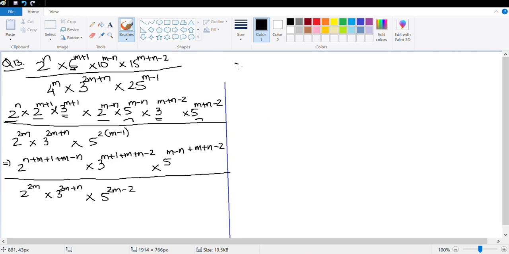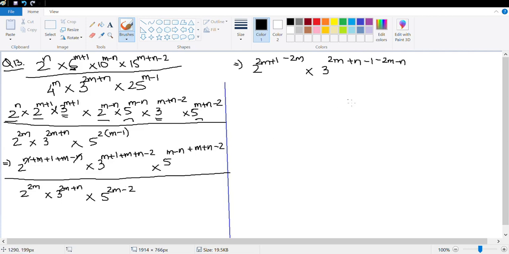So let's see what we get. So this is minus n and n gets cancelled. So this is 2 to the power 2m plus 1 minus 2m, because there is a 2m in the denominator, multiplied with 3 to the power 2m plus n. 1 minus 2 is negative 1, minus 1 minus 2m minus n.